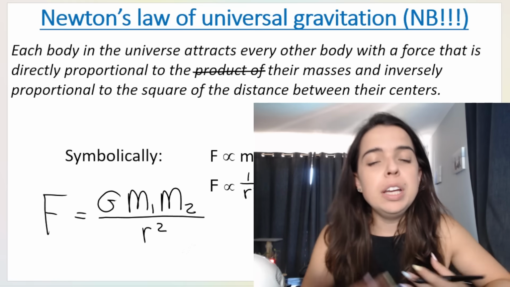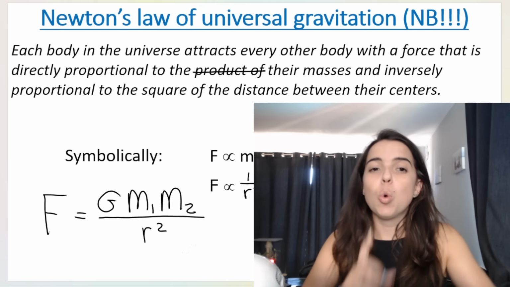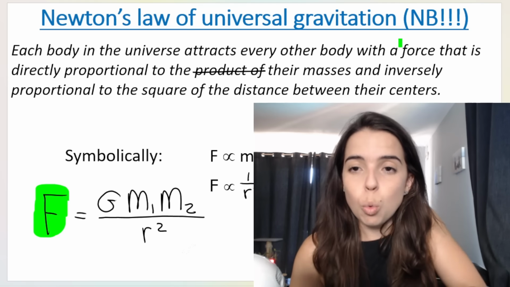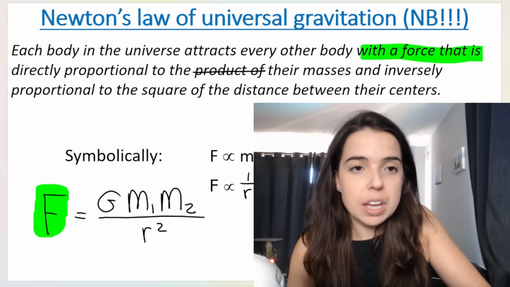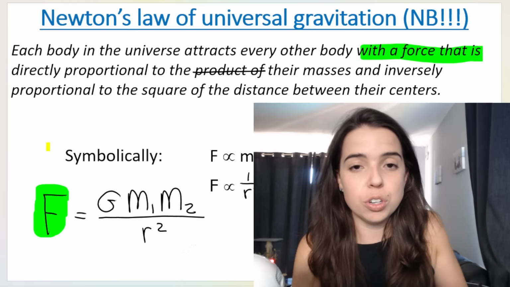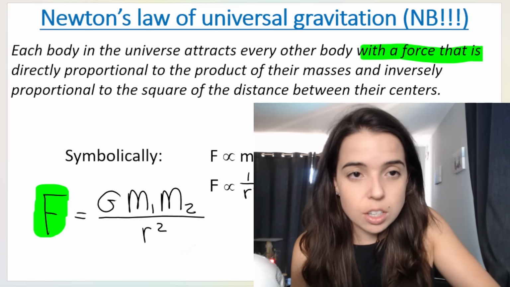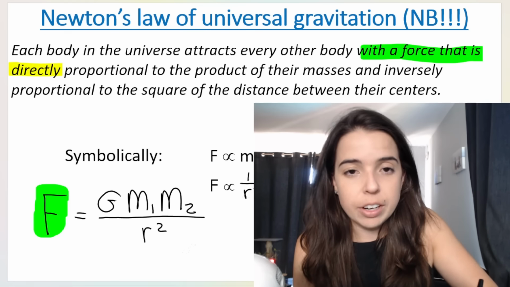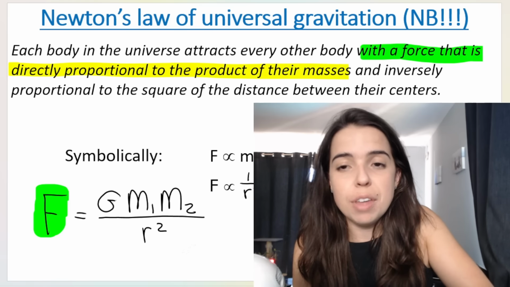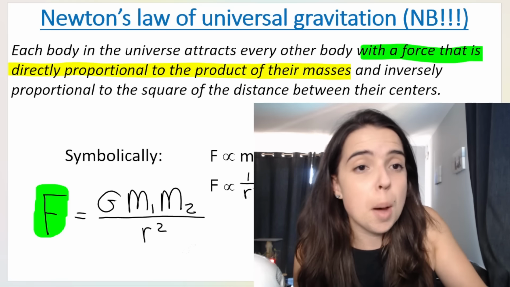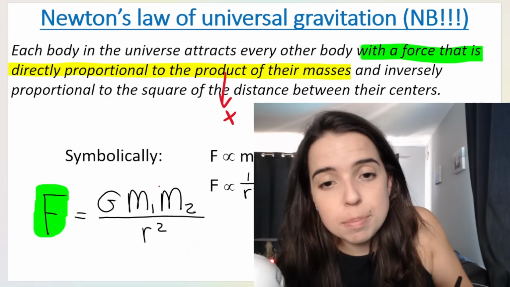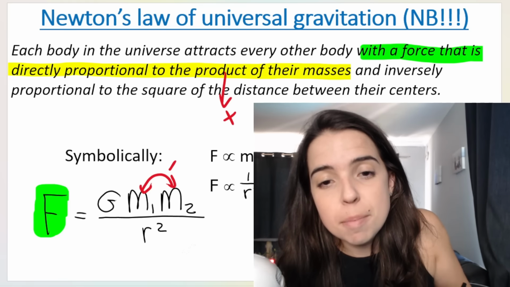So each body in the universe attracts every other body with a force that is directly proportional to the product of their masses. Now, product means multiply. That's what product means. You multiply the masses together.